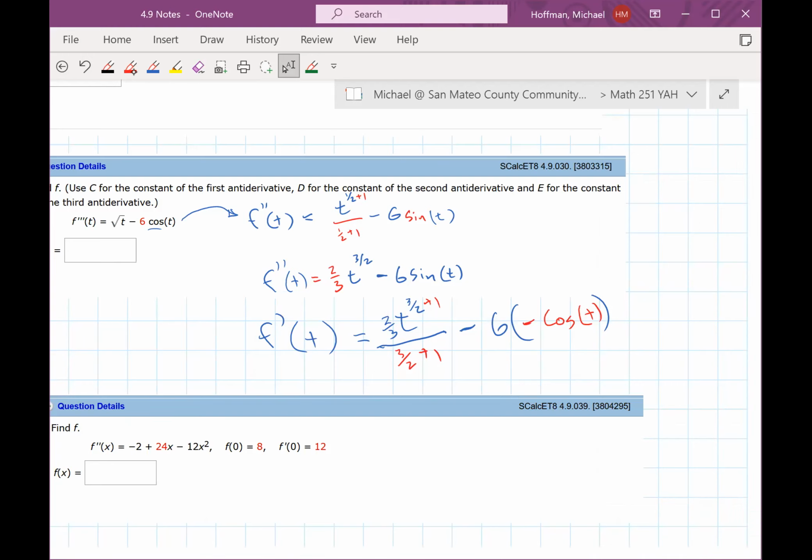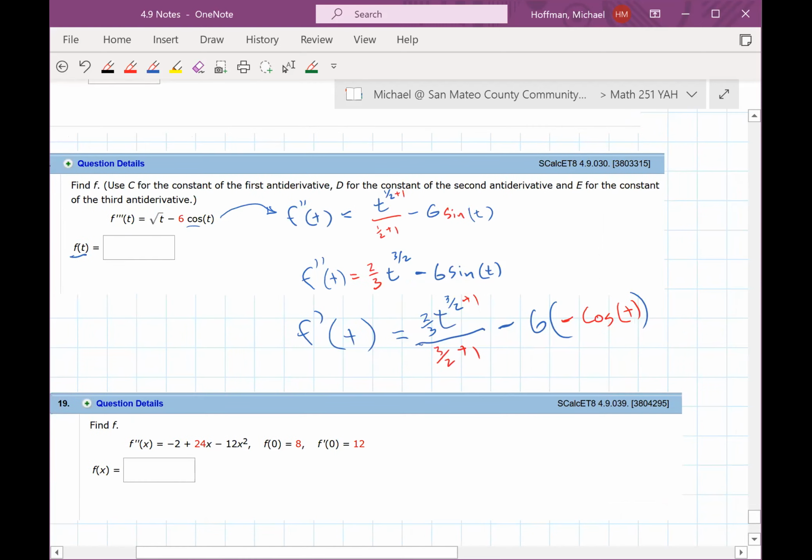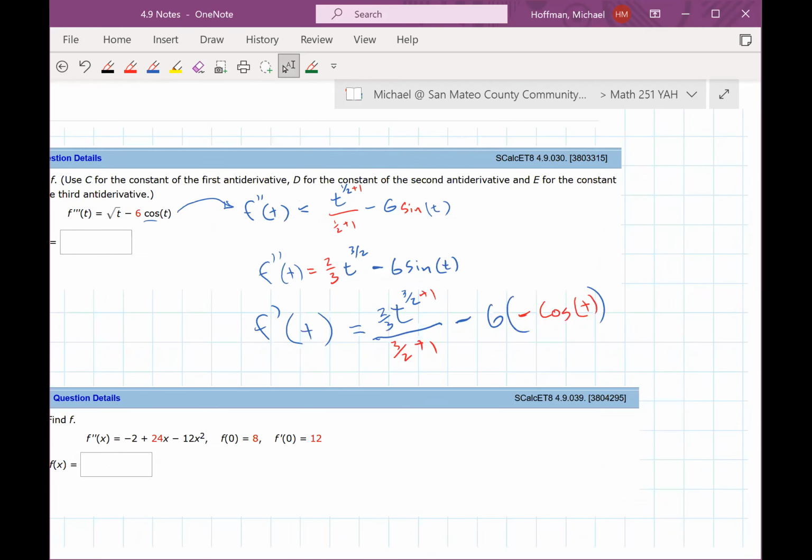So I know that this simplifies to 2/3 t to the 5/2.